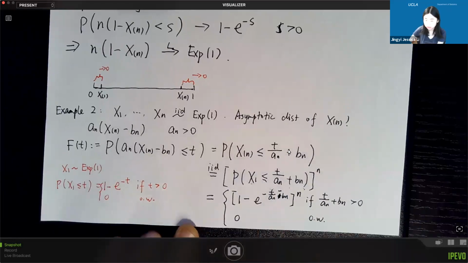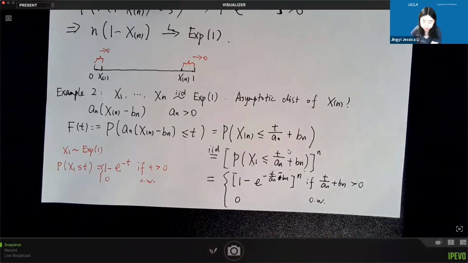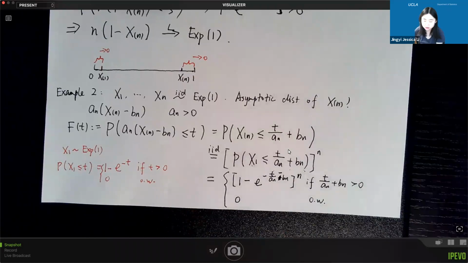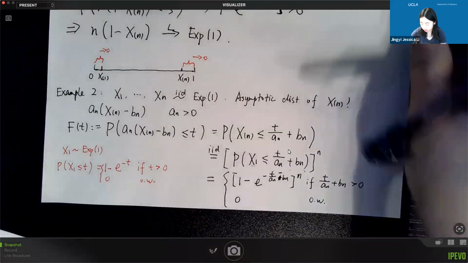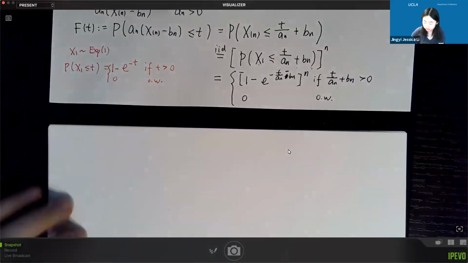Okay, we already obtained the CDF of the distribution of a_n times X_(n) minus b_n. Now the remaining question is, what are the values of a_n and b_n so we can make this converge to the limit of some well-known distribution? So let's play with this term first.